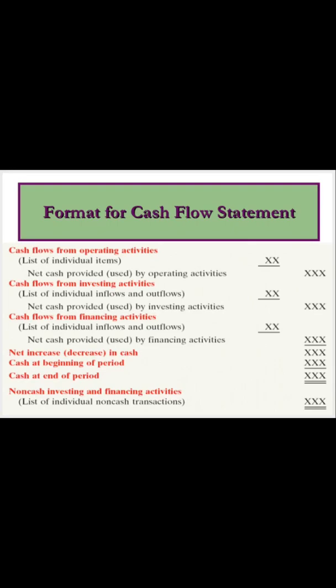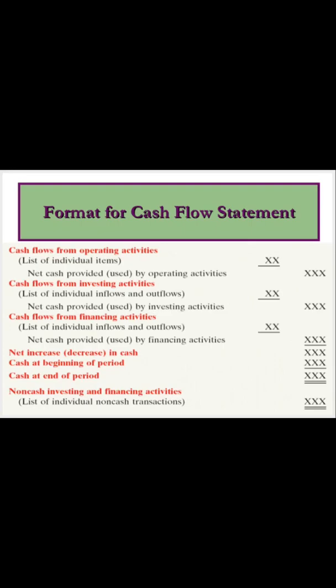After calculating all the three cash flows from various activities, we have to make the final calculation, and the final amount that came after this is the net increase or decrease in cash. Below that, we have to write the opening balance of cash, which is already given in a question.